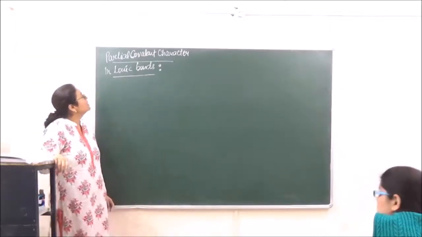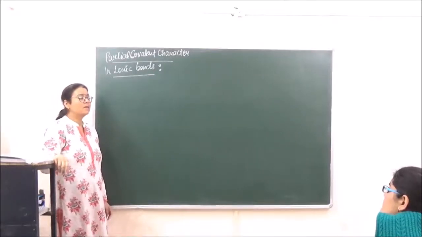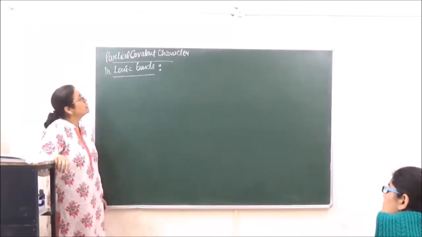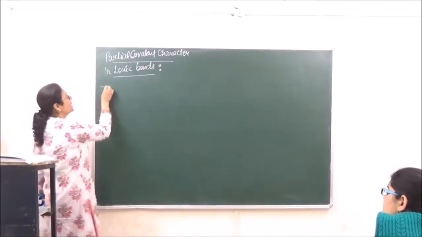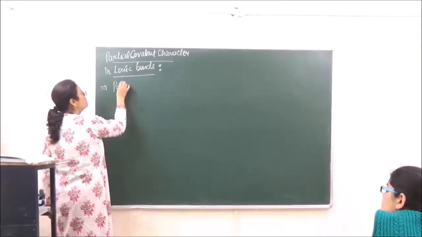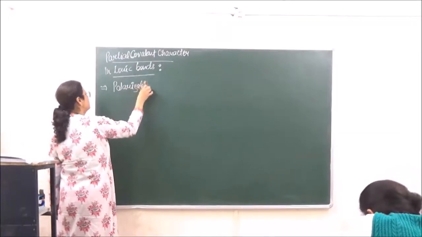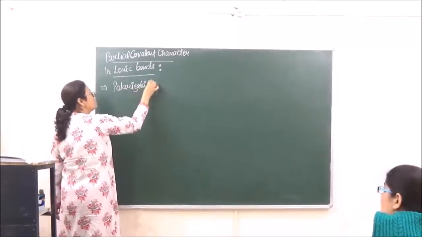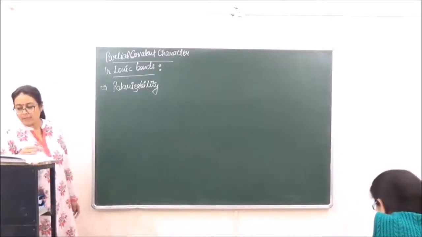In a similar manner, every ionic bond also has a certain amount of covalent character in it. Okay? Now this covalent character is explained on the basis of a term which is known as polarizability.